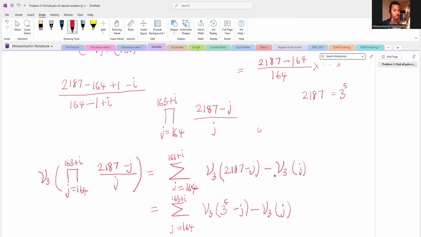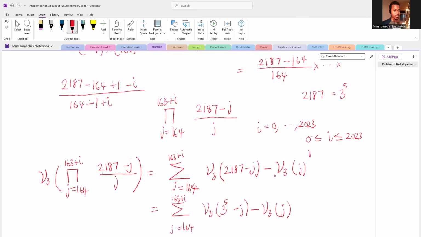Recall that I ranges from 0 to 2023. So that means J will range from, let's put it this way so it makes more sense: I is between 0 and 2023.